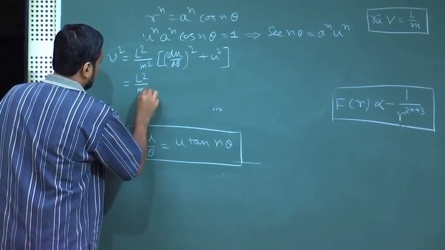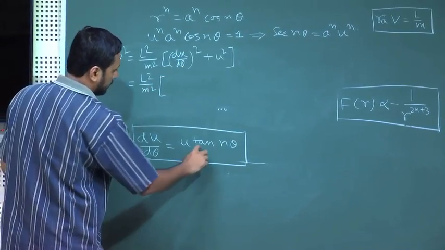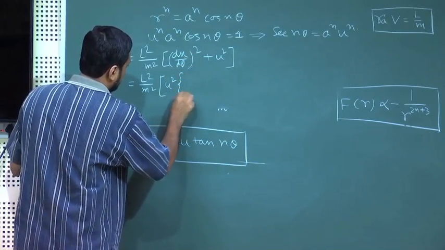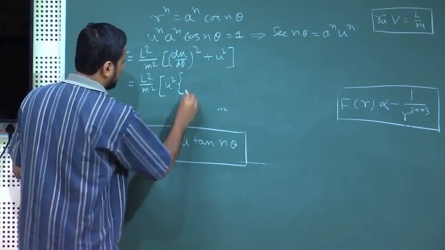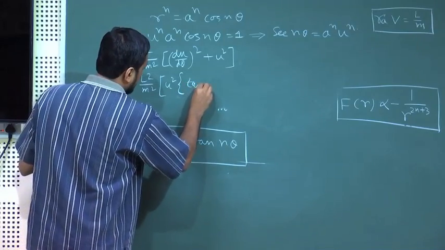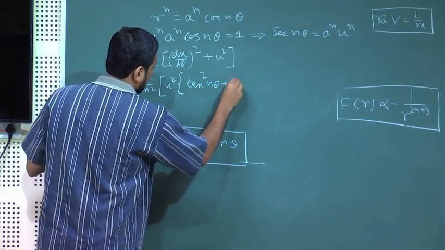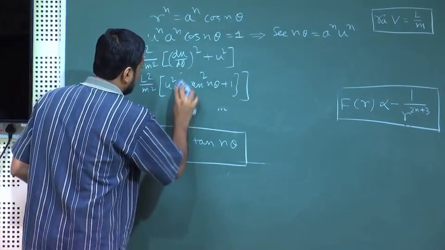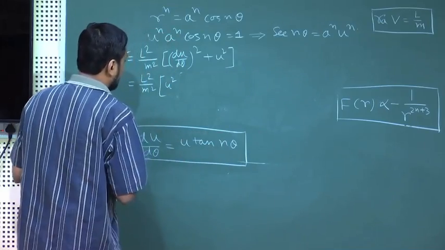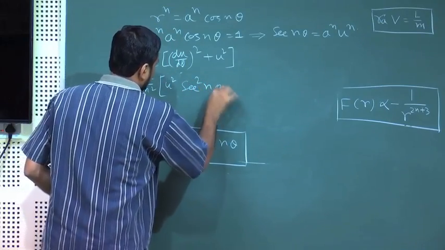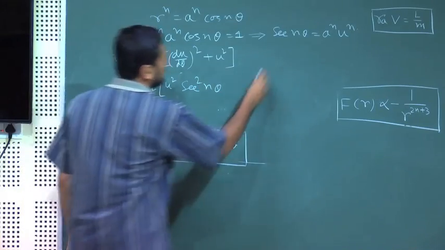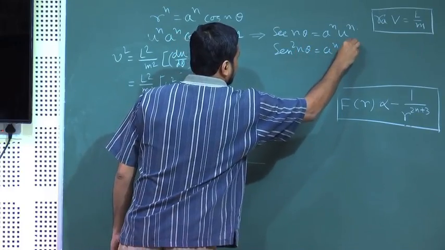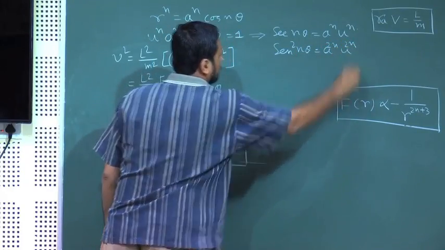So, if we substitute here du d theta whole square, we will get u square inside the bracket, tan square n theta plus 1. And once again, just like we did before, we will substitute this with sec square n theta. Now, sec square n theta, we did this already, but let us do it once again, a to the power n, a to the power 2n.